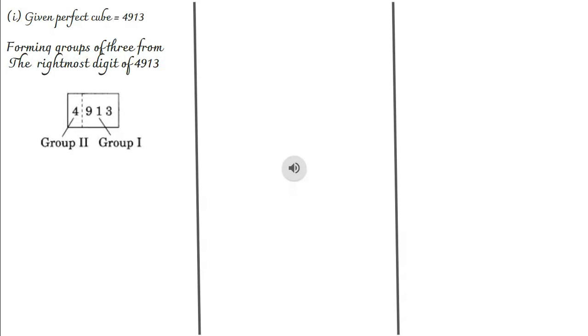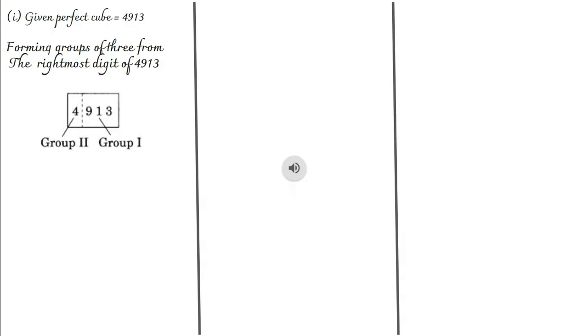We already learned that if it is 3 then the cube root will be 7, and if it is 7 in unit place then the cube root will be 3, that is vice versa. So here it may be 7. Now you have to see the second group, that is 4. 1 cube is 1, but 2 cube is 8, and 8 is greater than 4.